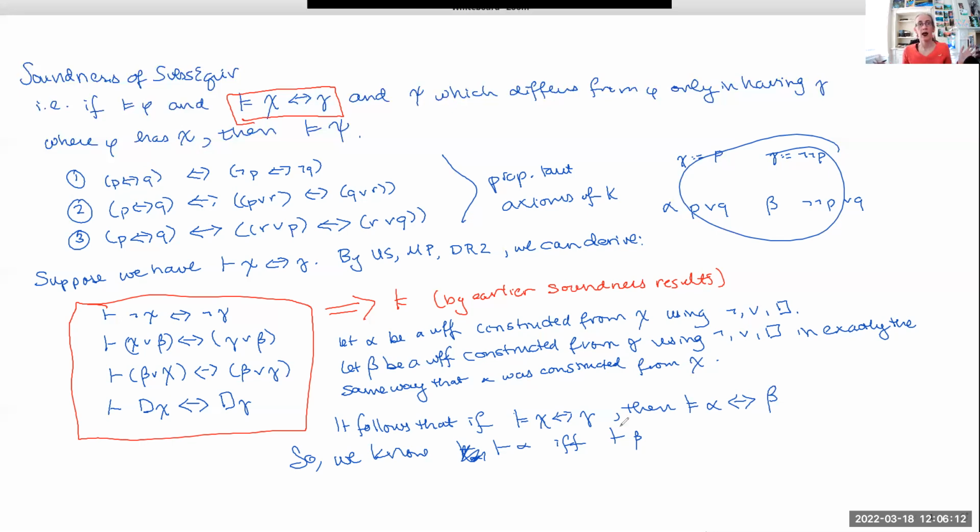There you have it. So whatever way that we could construct psi out of chi, if it is the same way that phi was constructed out of gamma, there's never going to be any way in which their truth values can end up diverging. Which means that if we go from the provability of phi and the provability of chi, if and only if, sorry, that needs to be gamma.